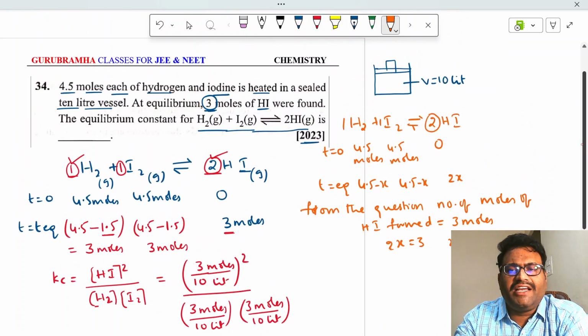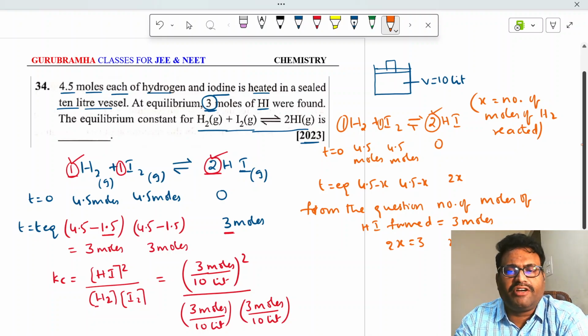So what is x here? Let us take x as the number of moles of hydrogen reacted. If 1 mole of hydrogen reacts, 1 mole of iodine reacts, and 2 moles of HI will be formed according to the stoichiometric equation.